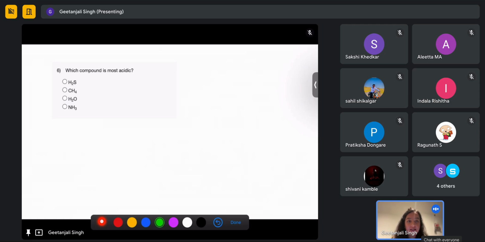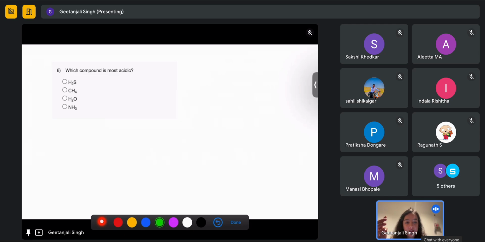Let's recapitulate the concept that we just revised. Charge: you don't have to think about charge because there is no charged species here. Atom: now the atom changes in all.